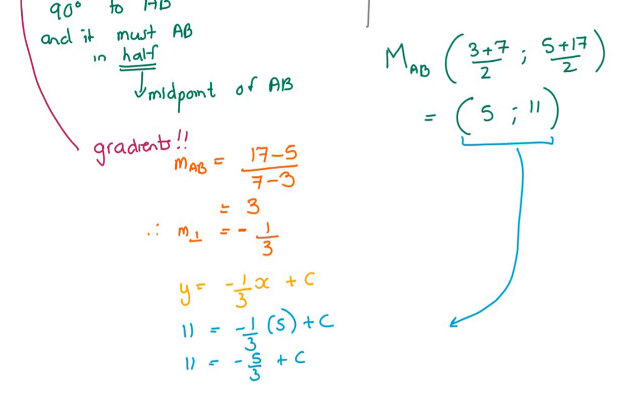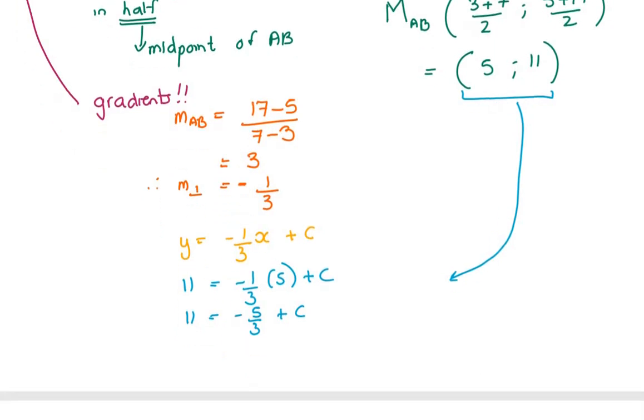And I would just take my calculator and add 5 over 3 to 11. And we generally leave stuff as an improper fraction. We don't really care about making it a mixed number. So therefore, my answer is the perpendicular bisector is y = -1/3 x + 38/3.